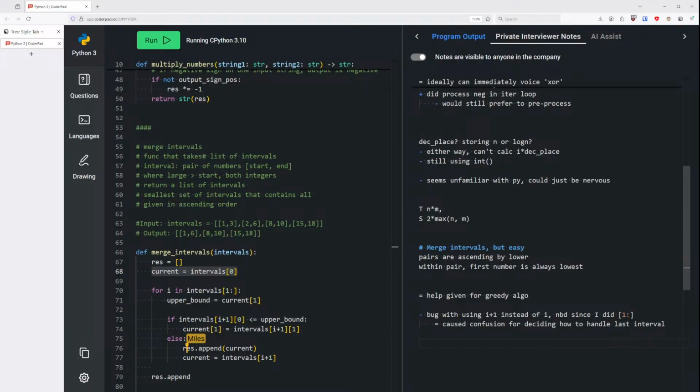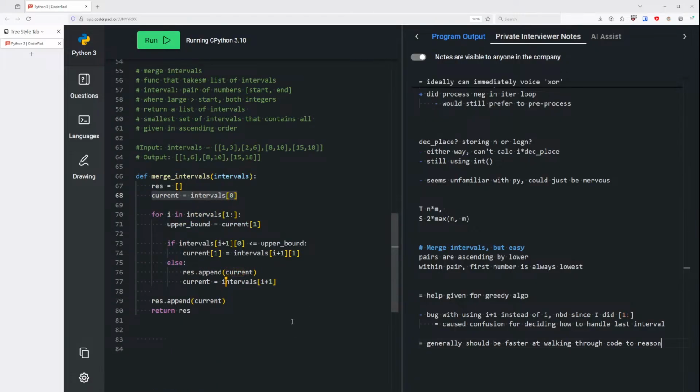So in this case, 8, 10 and 15, 18 don't overlap. So 15, 18 will be set to the current. And if they did overlap, then we would have just made the current bigger, but either way, the loop would be done. So either way, I need to add the current. I think that makes sense to me.